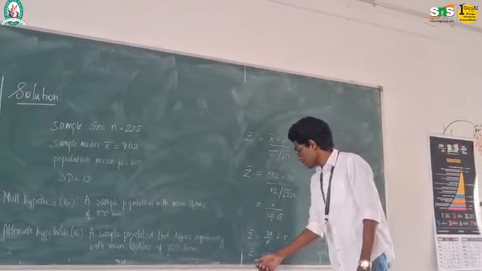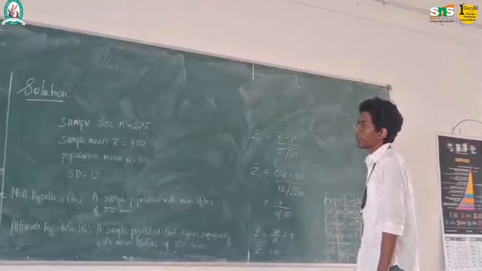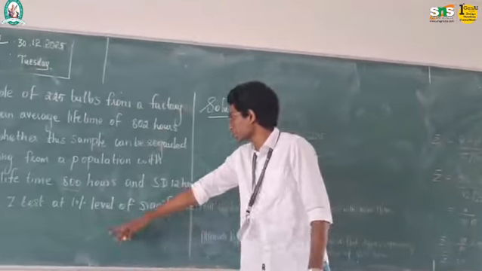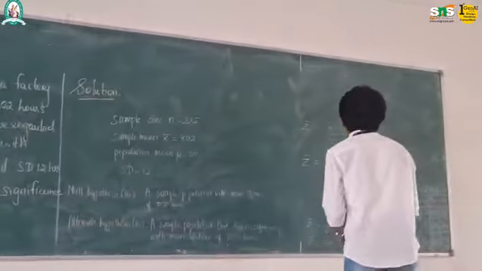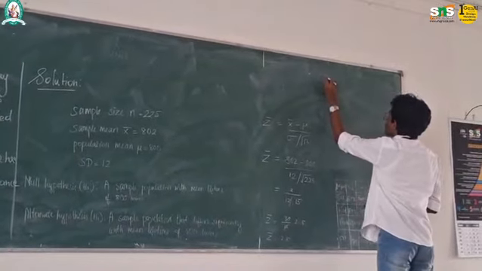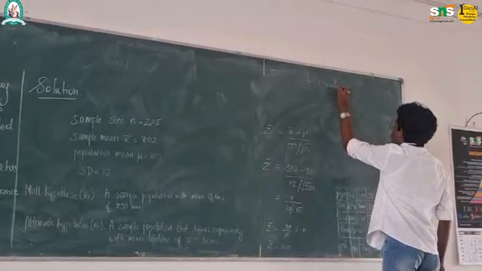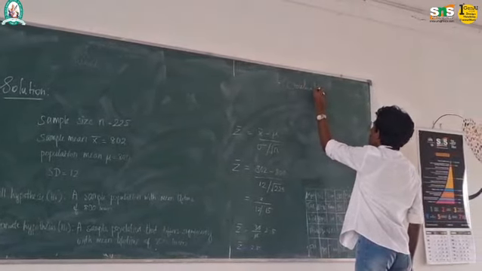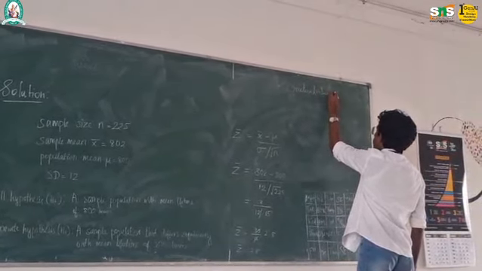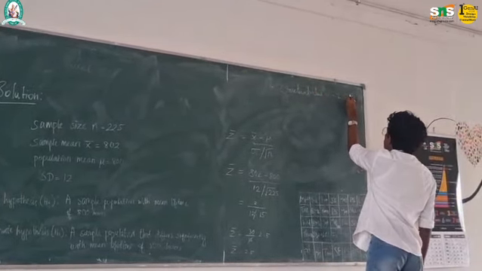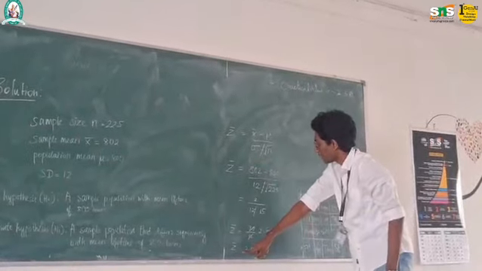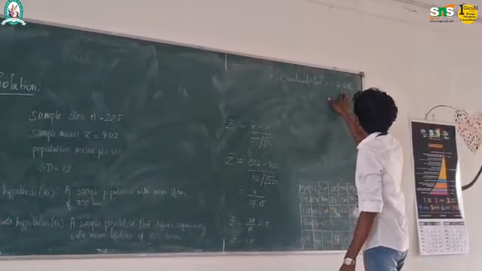So we get the statistic value 2.5. And we are now going to find the critical value at the 1% level of significance. The critical value at 1% is 2.58. We can compare the Z value and the critical value.